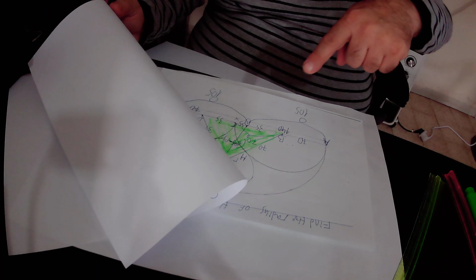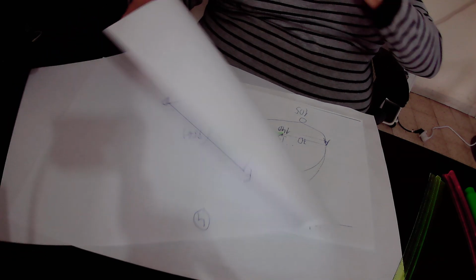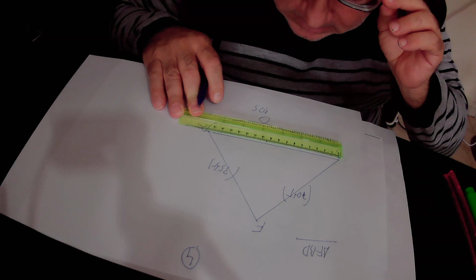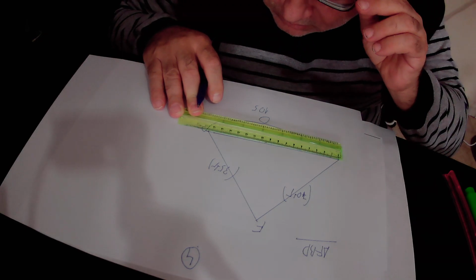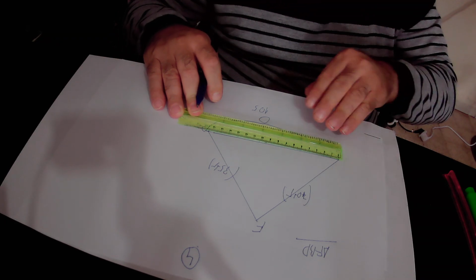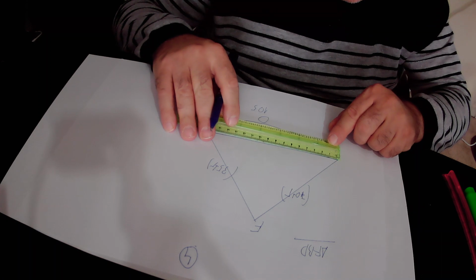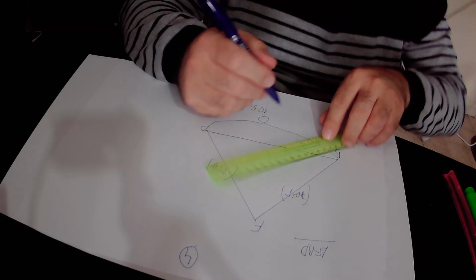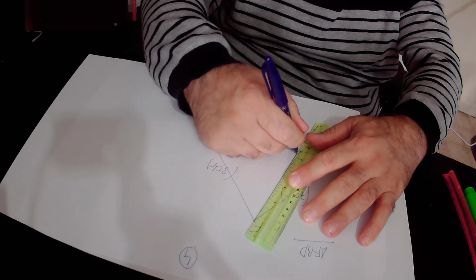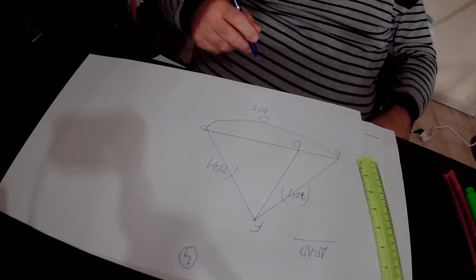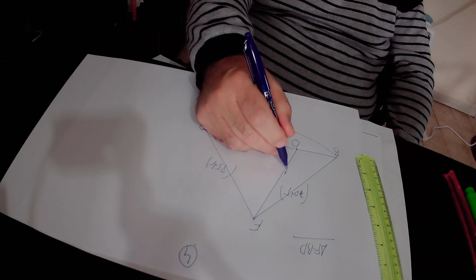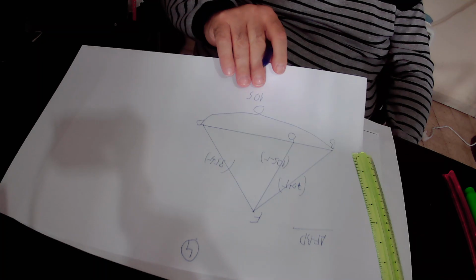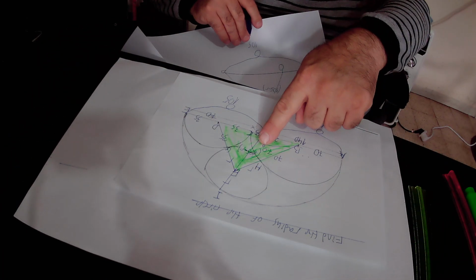In addition, we also have line segment FO, that is equal to 105 minus R units in its length. FO equals 105 minus R units.